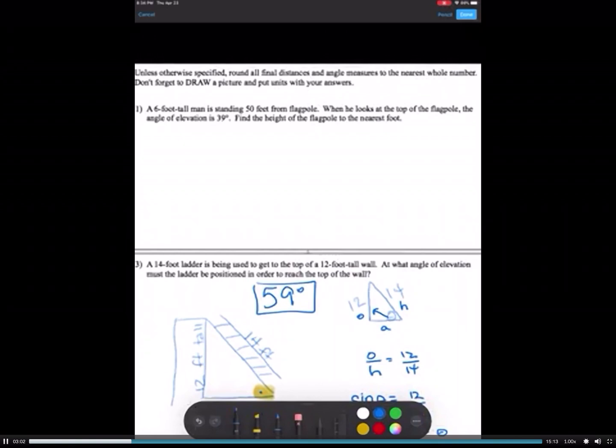So we've got a 6-foot tall man standing 50 feet from a flagpole. So here's our man. He's 6 feet tall. And he's 50 feet from a flagpole. So here's my flagpole.